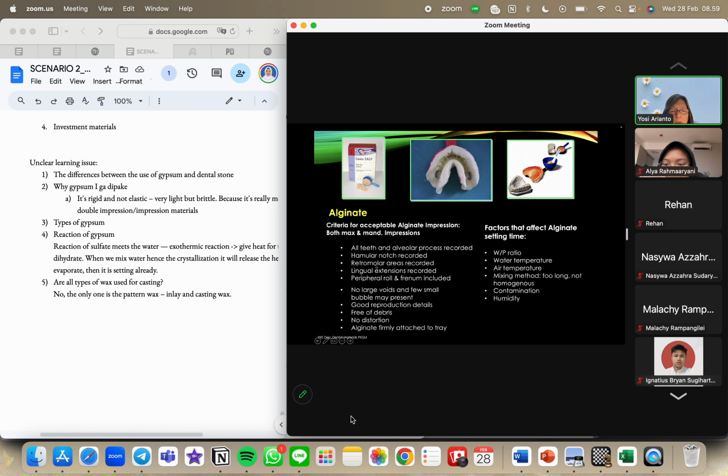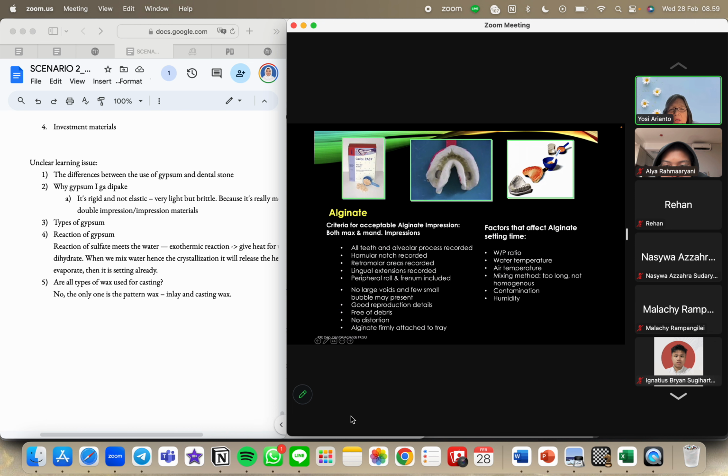Okay, all the retromolar area should be recorded. Also the hamular notch in the palate in the upper jaw, and also the peripheral roll and the frenulum. It should have no voids or small bubbles, and it should have very good reproduction of details of your mouth, like this one.